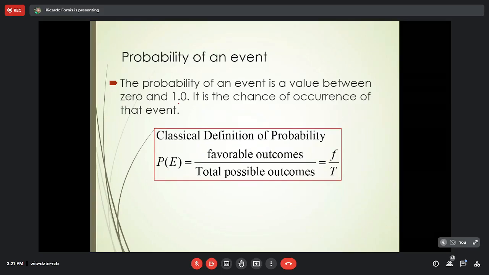That's how we interpret the values of probability. In the board examination, you are interested in determining the probability of an event. And later on, I'll give you some examples on how this particular topic can be given in the board examination.